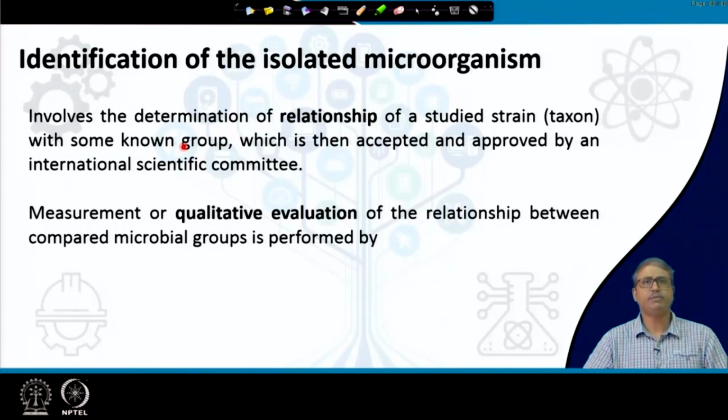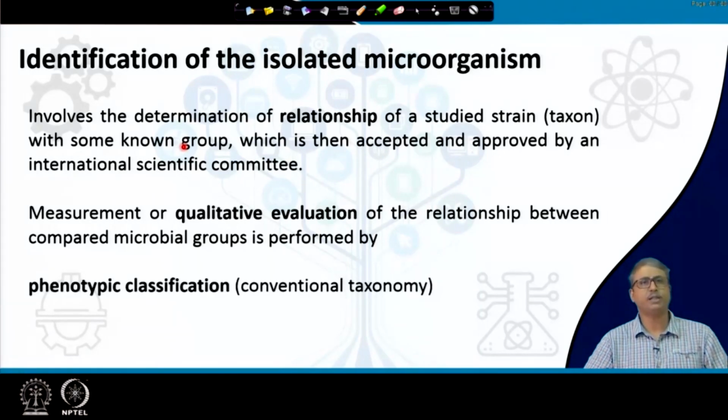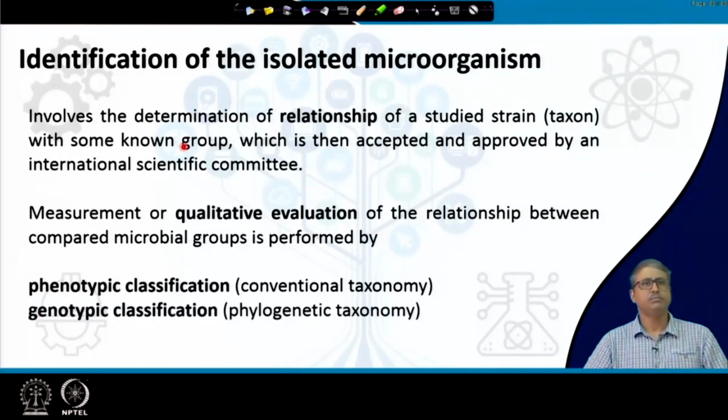The qualitative evaluation of the relationship between compared microbial groups is performed by two methods. One is the phenotypic classification, which is the conventional taxonomy where biochemical tests, ecophysiological tests, etc. are used. Similarly, genotypic classifications are also used.